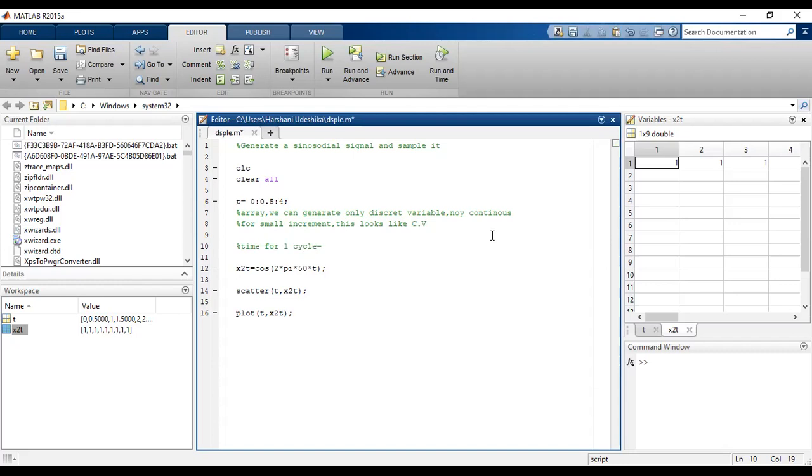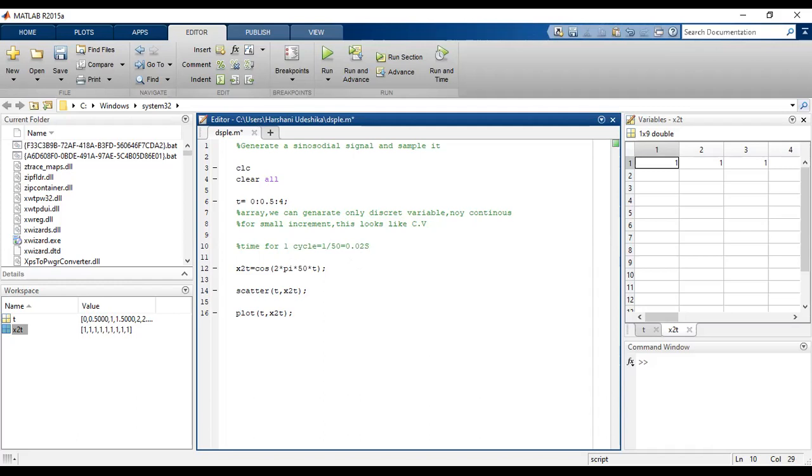That is 1 over 50, and 1 over 50 is equal to 0.02. So this is in seconds. This is one cycle time, 0.02 second.